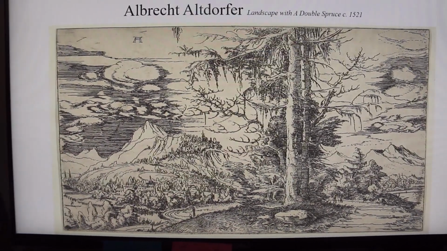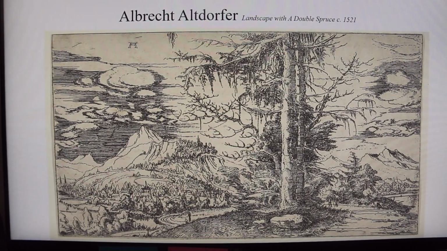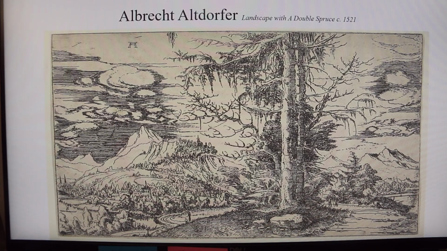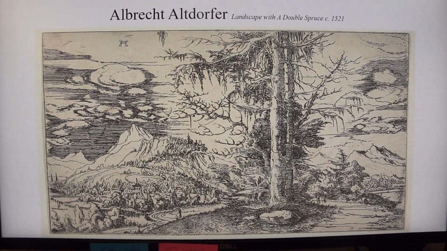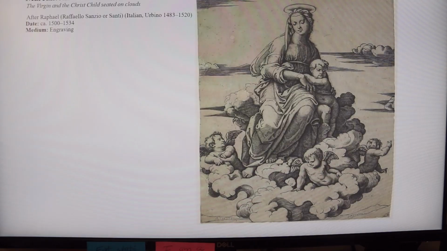Another person who had a big impact on early printmaking was Albrecht Altdorfer, and he was the first person to print landscapes. It was him who made this idea that all art could be transferred into prints. So that's going to emerge as a way for artists to make money.